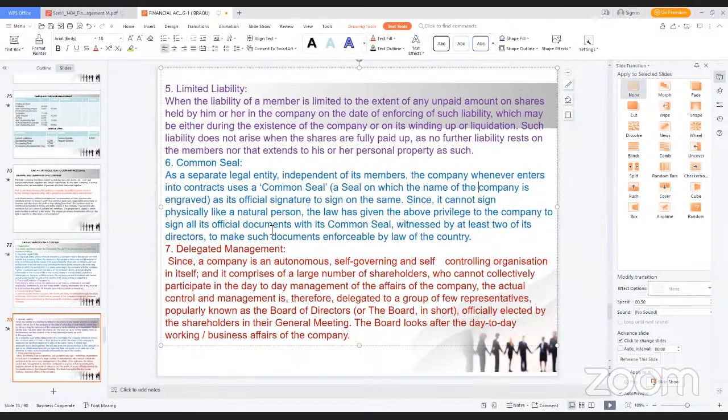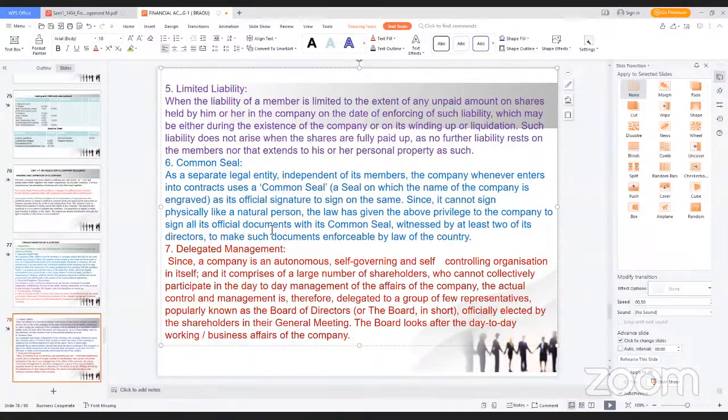Seal means, whenever you go into an office, or if you are studying in a college, what is the common seal of the college? At the time of hall tickets, they give the seal, which shows that you belong to that college. That is witnessed by two directors to make such documents enforceable by the law of the country.